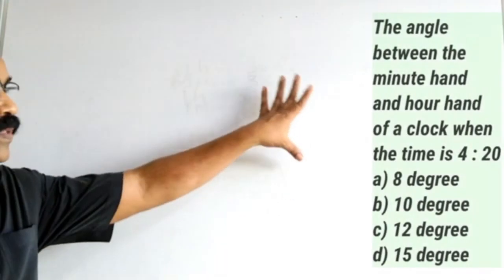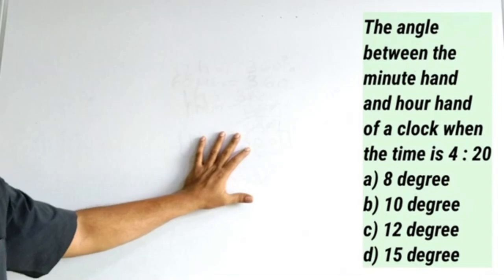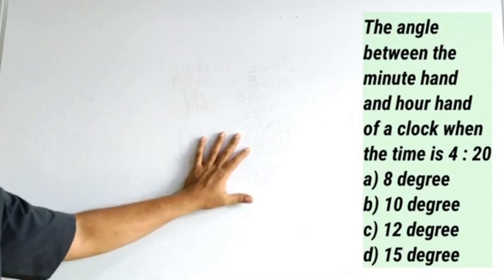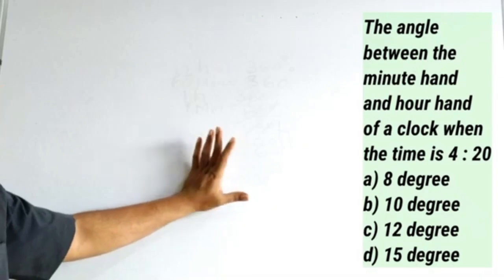The question comes like this, students. The angle between the minute hand and the hour hand of a clock when the time is 4:20. Four options are also given.